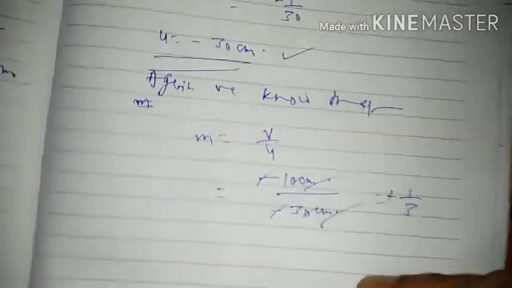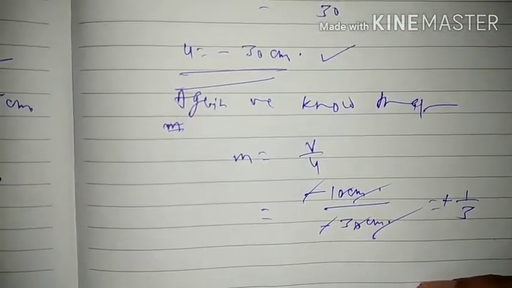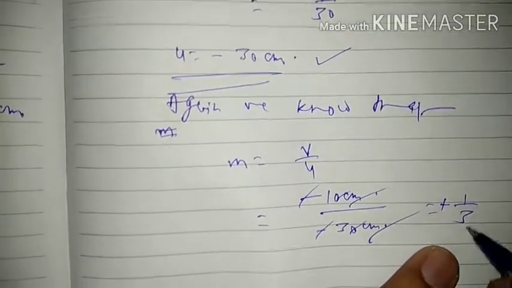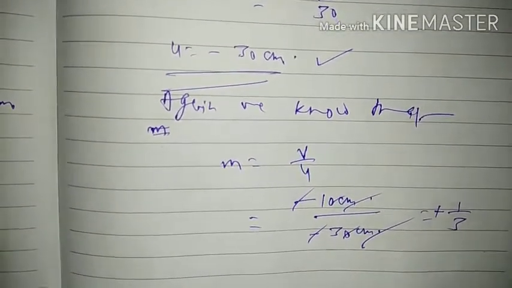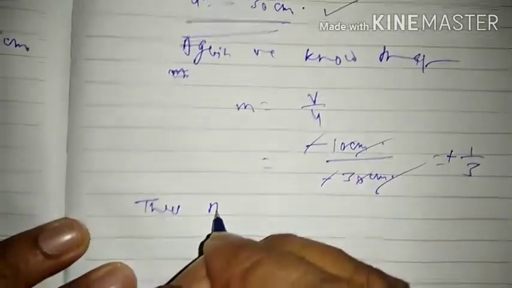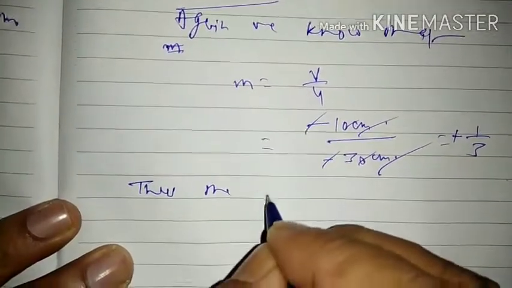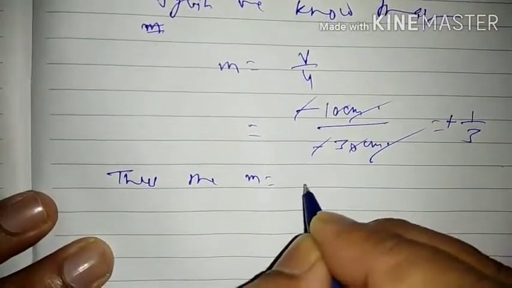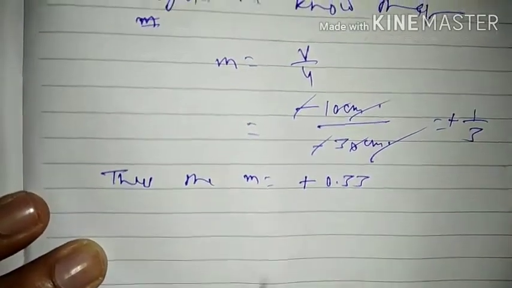So this positive sign indicates that the nature of image is virtual and erect, and magnification is less than 1 here, so it is diminished. Thus the magnification m is equal to plus 0.33.